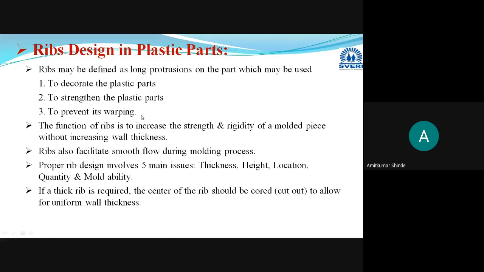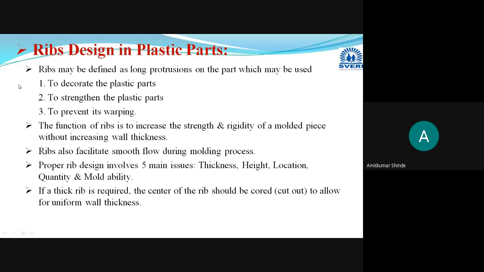Whenever extra load is there, the part will try to bend, or there will be some distortion. That is termed warping of the component, and with the help of ribs you can provide sufficient strength and avoid the warping of the component. So I will repeat it: ribs can be defined as a long protrusion on the part, and why is it provided?